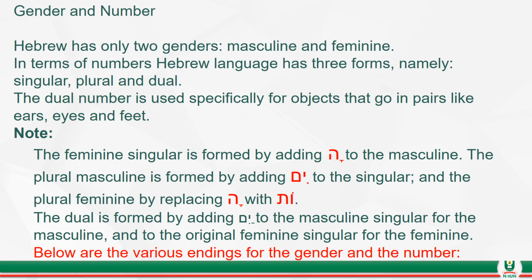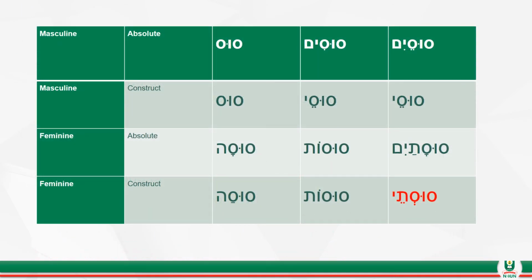And then we have the ot. Ot is a replacement of kamat he for the feminine to make it feminine plural. So that is it about the ending. That is about the formation of the masculine, either singular or plural, or feminine singular or plural. This is illustrated in this table.